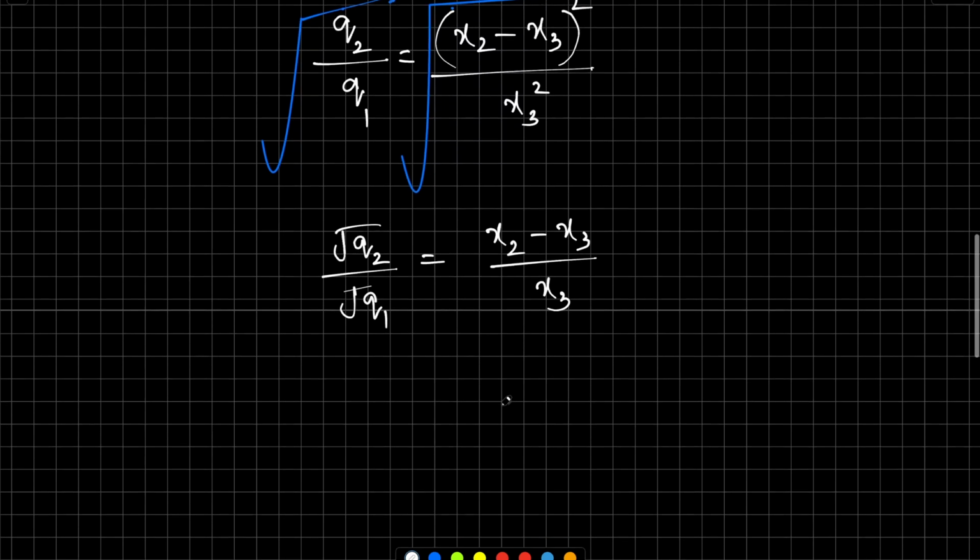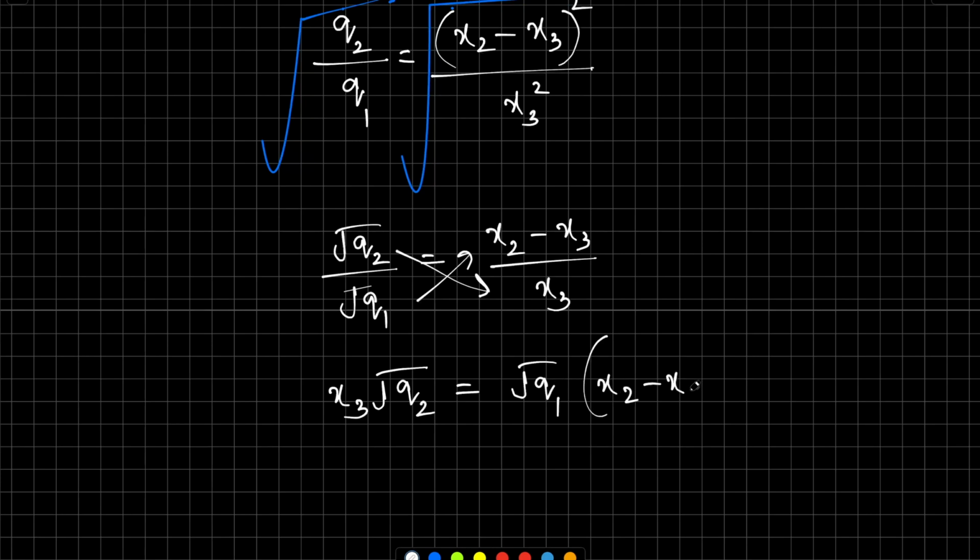Okay, I'm going to cross multiply this again. We need to find x3, right? x3 is on the right side. Now solve for x3. Our square is gone, so it's easy to solve now. Cross multiply it. x3 times root Q2 equals root Q1 times (x2 minus x3).